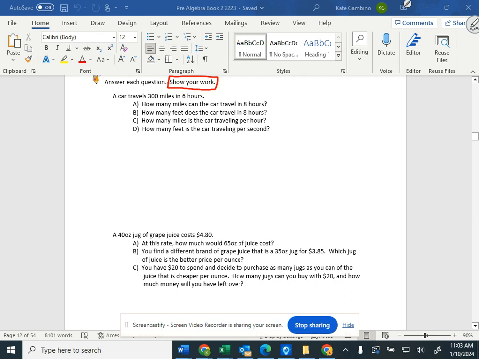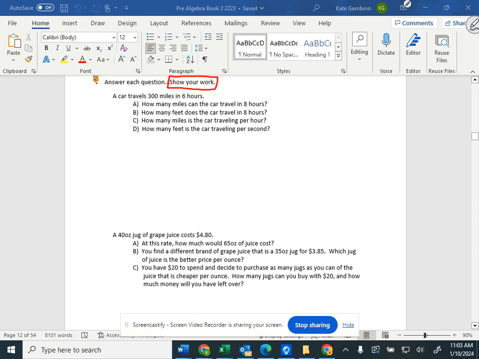So a car travels 300 miles in 6 hours. We need to know how many miles the car can travel in 8 hours. How many feet does the car travel in 8 hours? How many miles is the car traveling per hour? And how many feet is the car traveling per second?